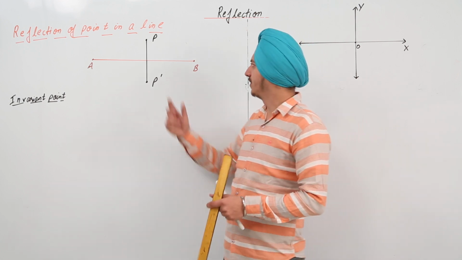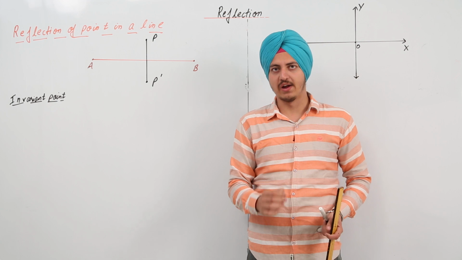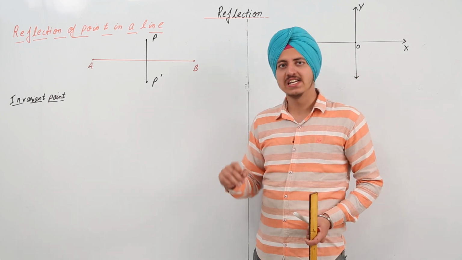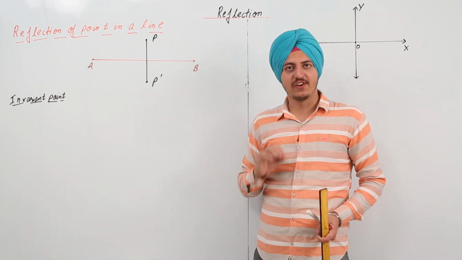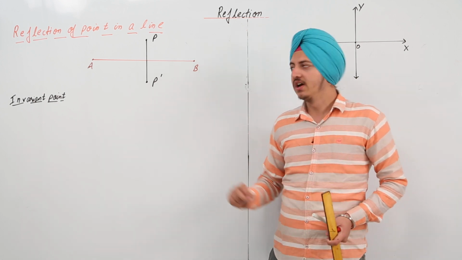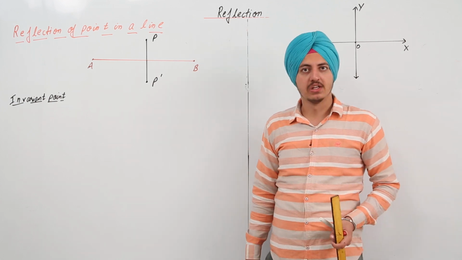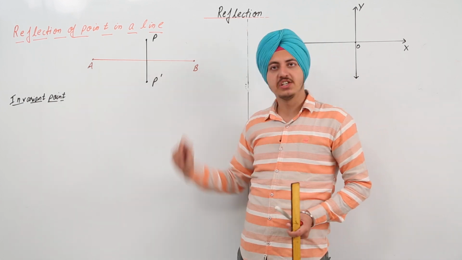Okay, so this should be the perpendicular bisector. This is what the definition says. You write the definition in your own words, and the definition says that the line joining the point and the reflection of the point should be the perpendicular bisector of the line AB, the line in which the reflection has to be taken.